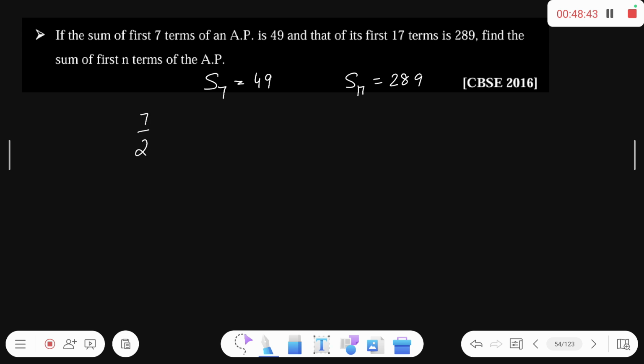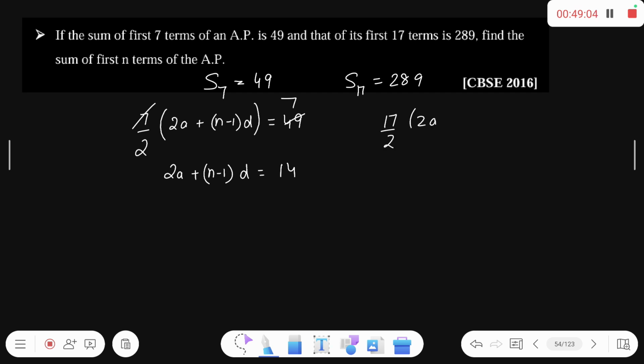7 by 2, (2A plus (n minus 1)D) is equal to 49. So cutting it, 7 times 7 is 49, so 2A plus (n minus 1)D is equal to 14.